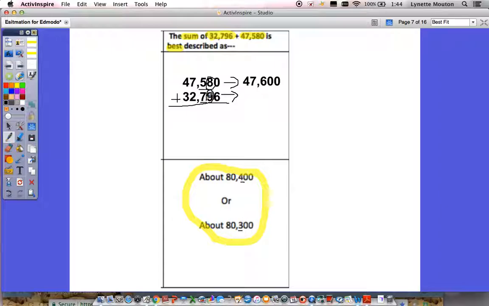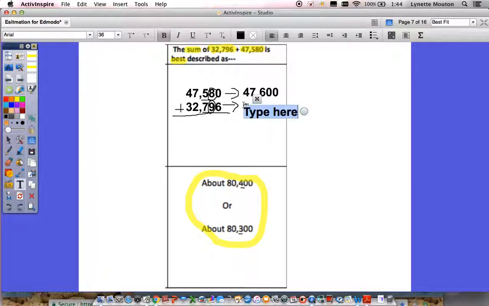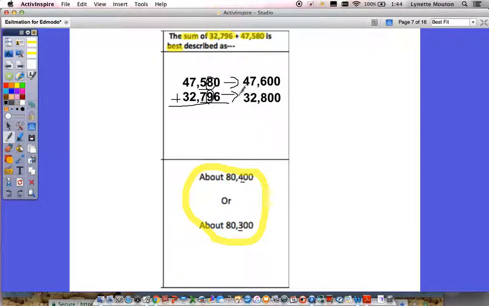79 is our number. What's it right there with? 80. So we're going to round it to 80. So 32,800. That 6 becomes a 0 because it's to the right of the place that we rounded to. And we're going to add them this time. 0, 0. 8 plus 6 is 14.